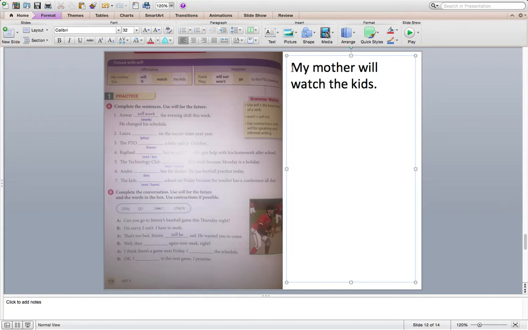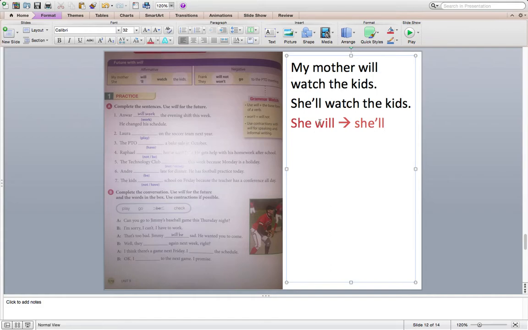You can replace my mother with she, and you would add apostrophe LL, and then watch the kids. So she'll is the contraction of the words she and will. When you put those together, you get she'll.